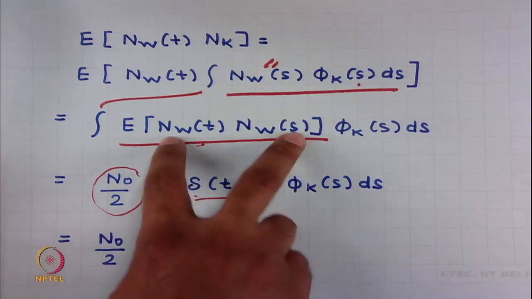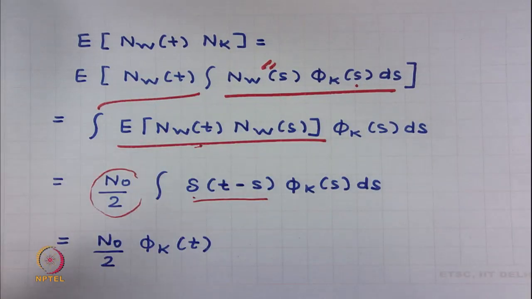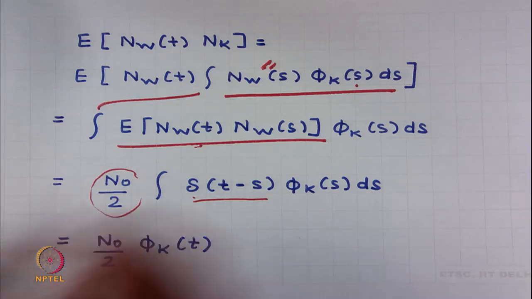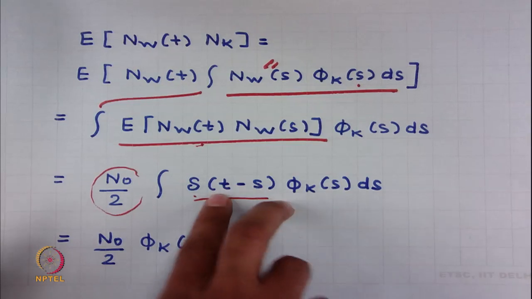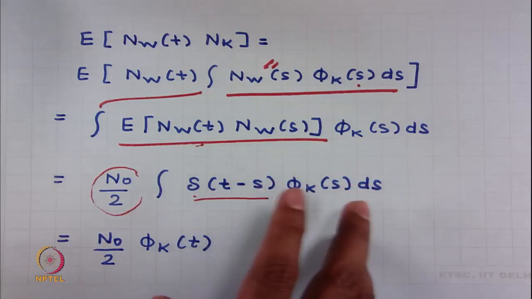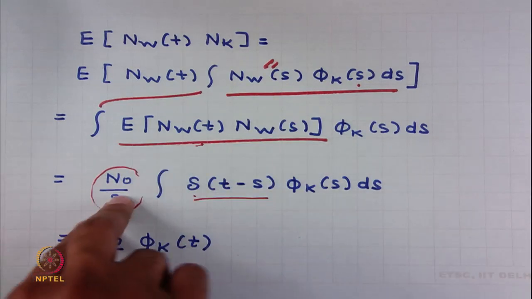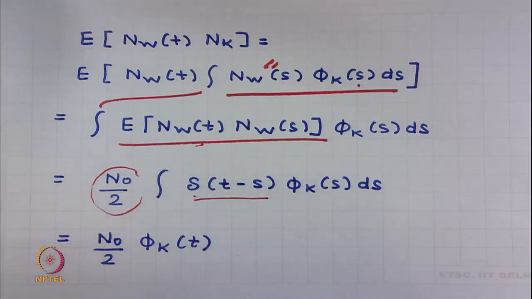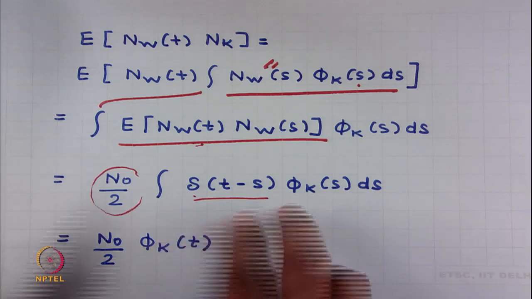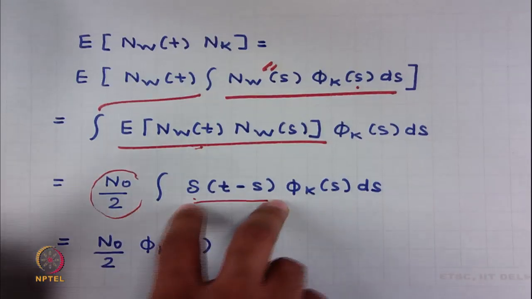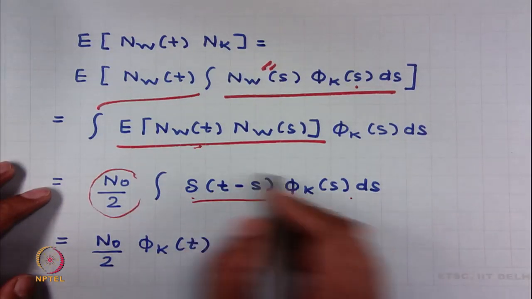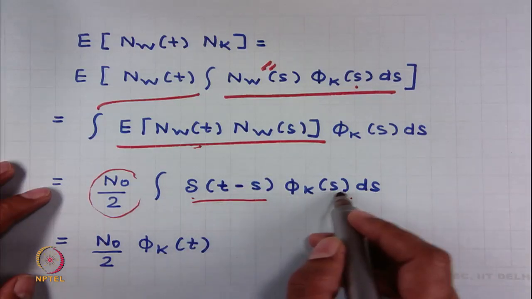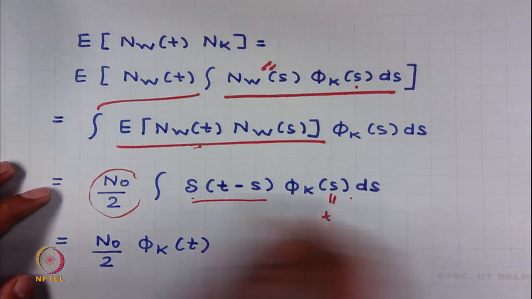So, you can only get an expectation when s is the same as t, otherwise you get a flat 0, and this effect is created by having an impulse at t minus s, because if s is not t, then you get flat 0. If s is the same as t, then you get N_0 by 2, which corresponds to the power spectral density of the noise. So, this is N_0 by 2 times the integration of this thing, and this creates an effect that s has to be t, otherwise it is going to be 0.